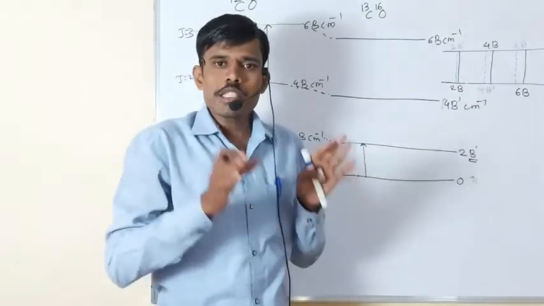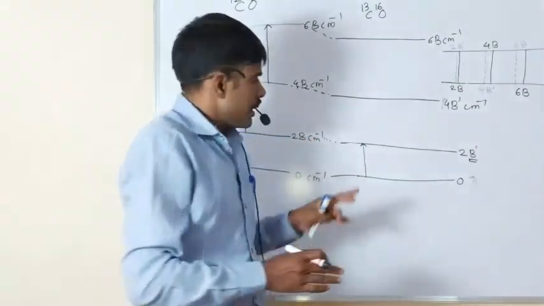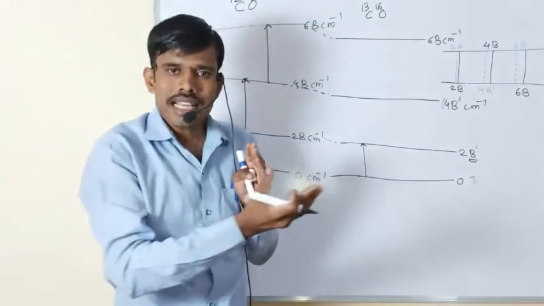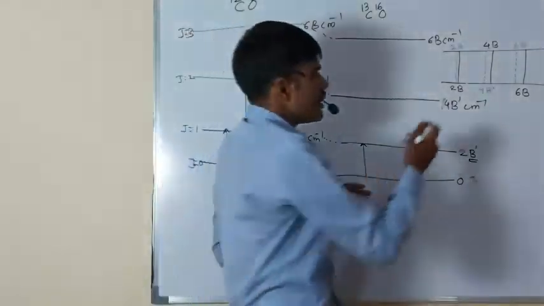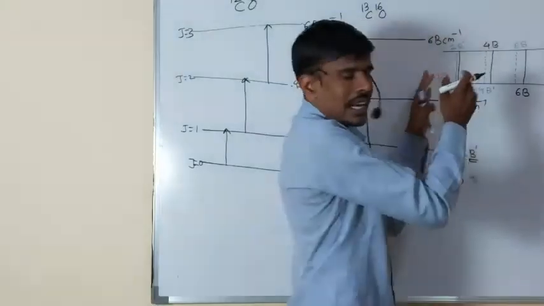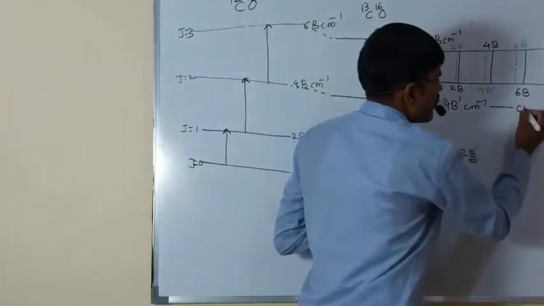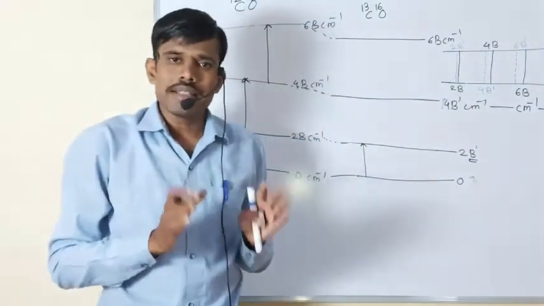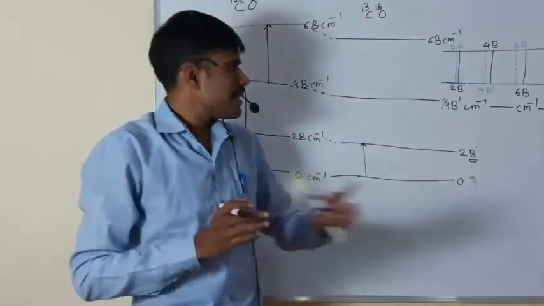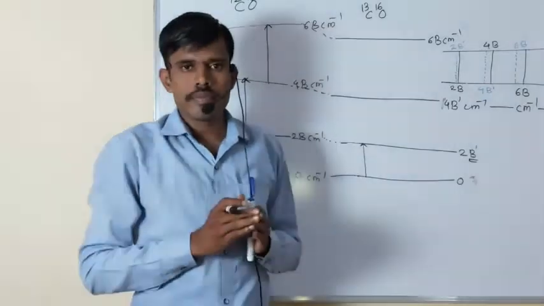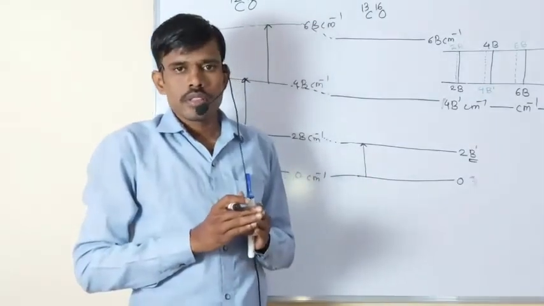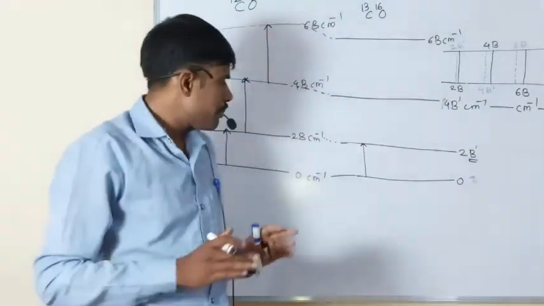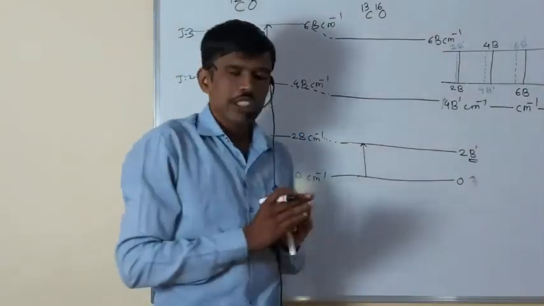That's why in the spectral line, the first line is observed at a lower side, that is at a lower energy, because this spectrum is against wave number in centimeter inverse. This is energy in the form of wave number.